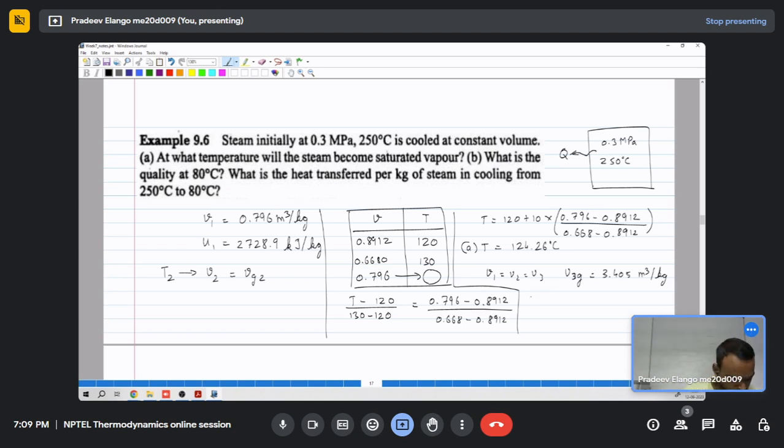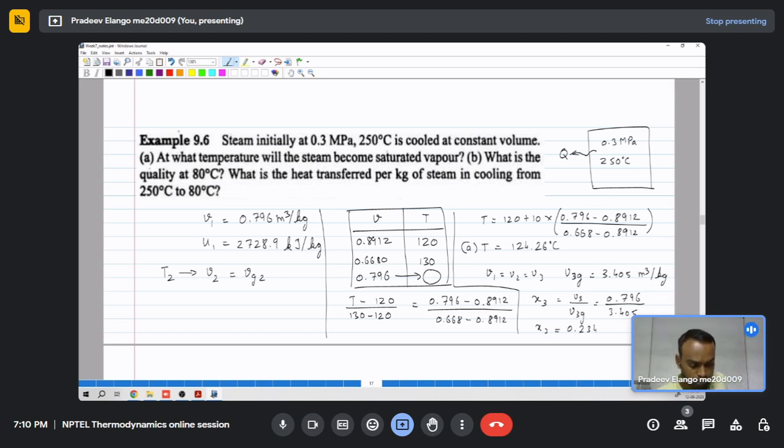Now X3 is V3 by V3g, that is 0.796 divided by 3.405. This is 0.234. So this is the dryness fraction at state 3.